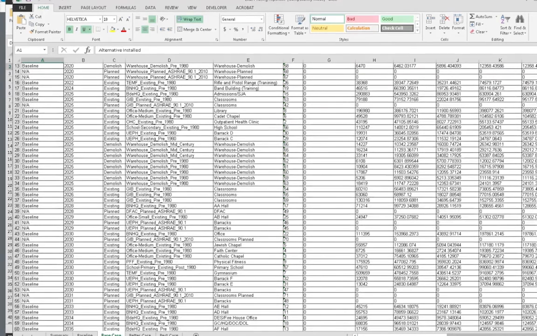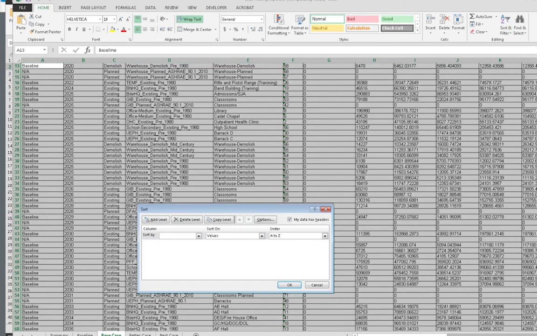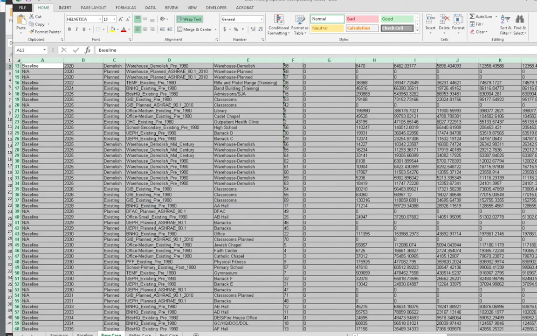And if I go down here and look through, there's a couple ways you can do this. What I like is to do a custom sort and sort it by that construction date, and then you can just kind of follow along.